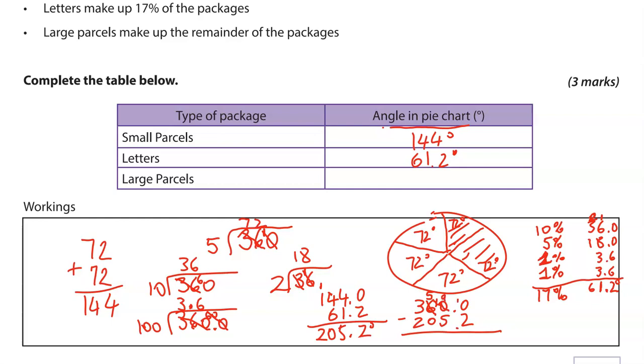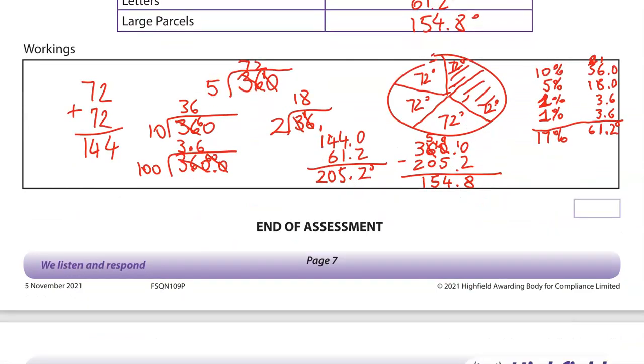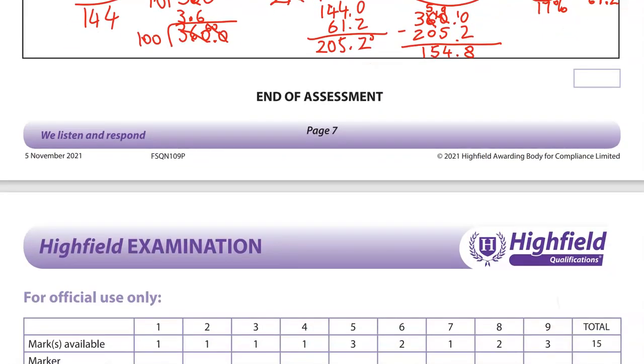So I make it a 9, and this becomes a 10. 10 take away 2 gives me 8. 9 take away 5 is 4. 5 take away 0 is 5. 3 take away 2 is 1. So 154.8. So we've completed the table, and this is the end of the first part.